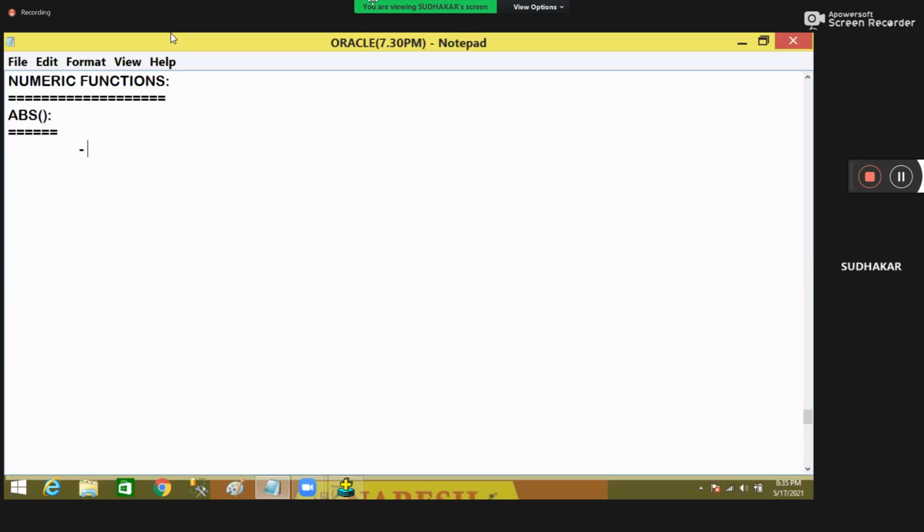The purpose of using this function is to convert negative sign values into positive sign values. Whenever you want to convert negative values into positive values, we use the ABS function.